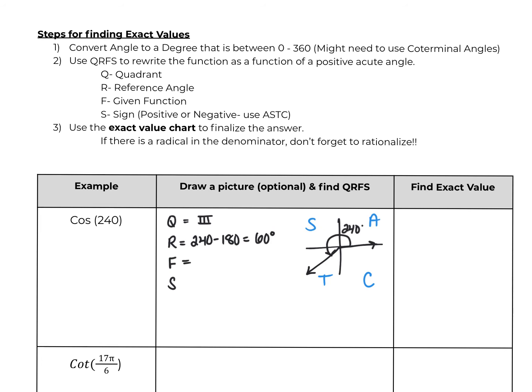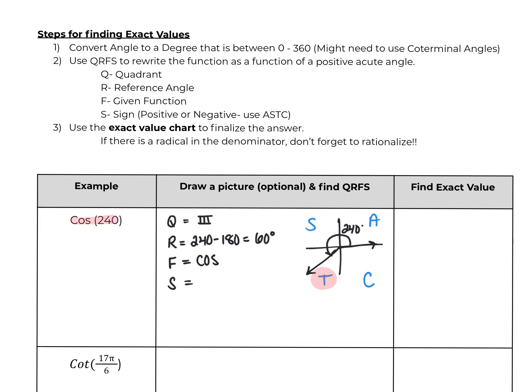F stands for function. So the given function that we have here is cosine. And S stands for sign, S-I-G-N, whether I'm positive or negative. Well, in quadrant 3, the only thing that's positive is tangent.